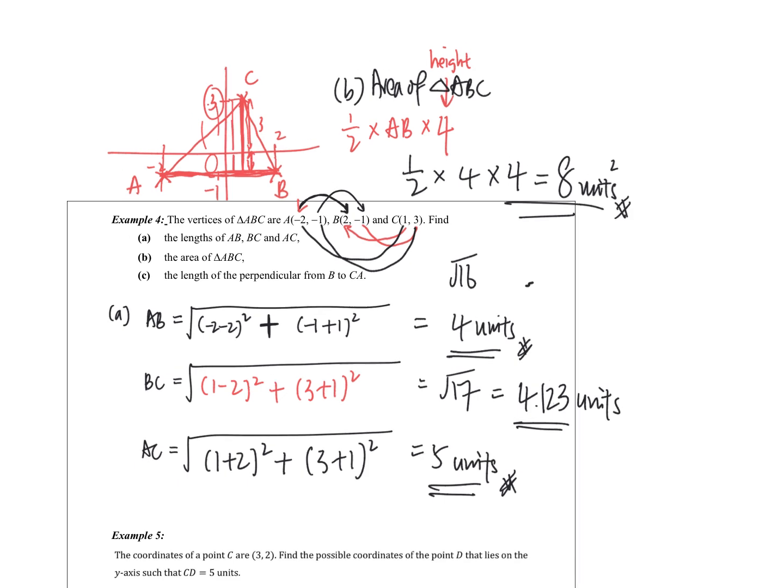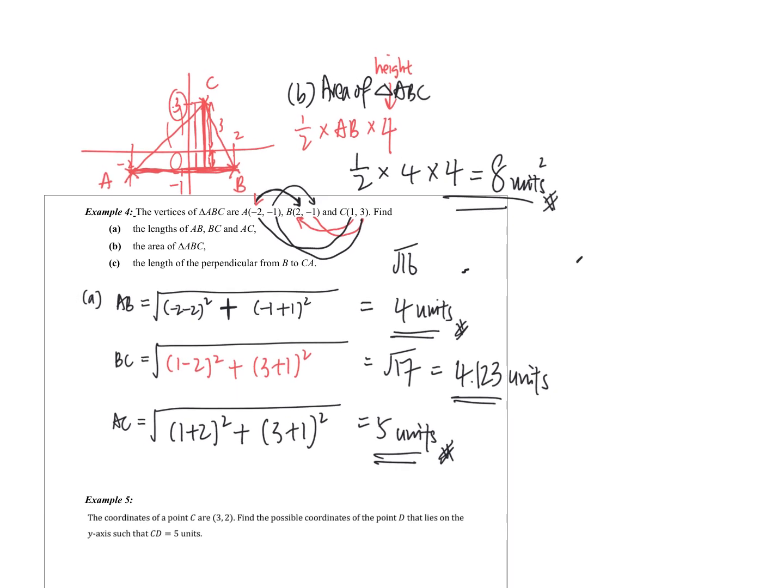Okay, I'm not sure if you remember, but you should have learned this before. This area of triangle, I found it to be 8 units already. Now they say, can you find the perpendicular from B? This is B to AC. Means they want you to find what is this.